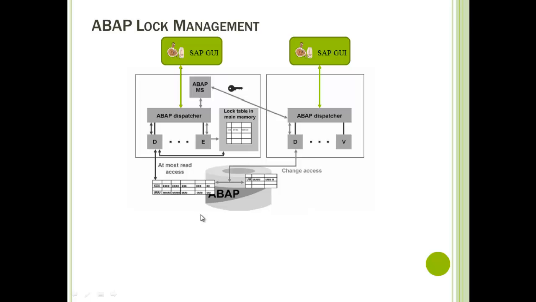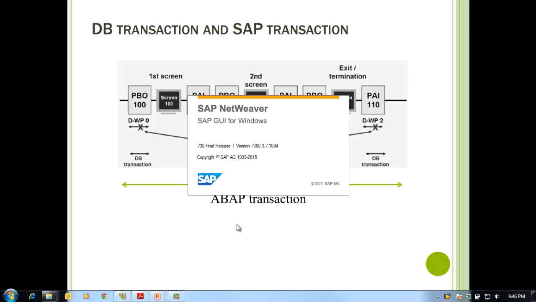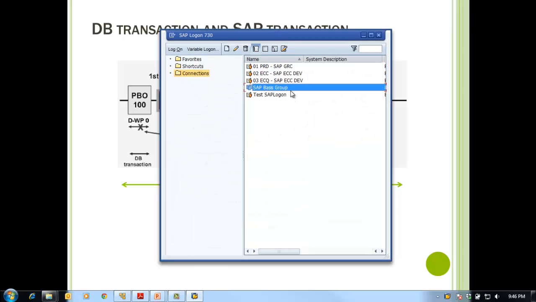Now let us have a look into the details of ABAP lock management. What we will do is log into our system and see how many dialog work processes are running in our system. Let's log into our SAP system. Let's use the SAP basis group.